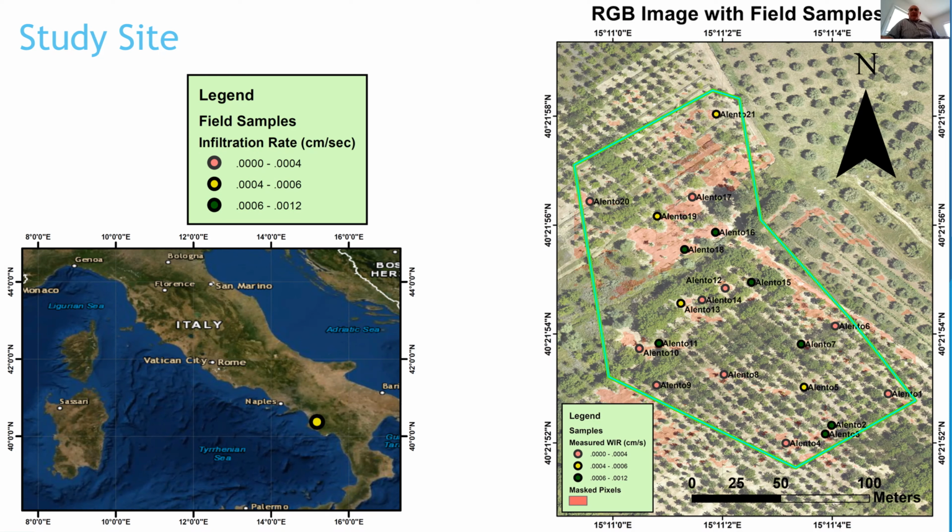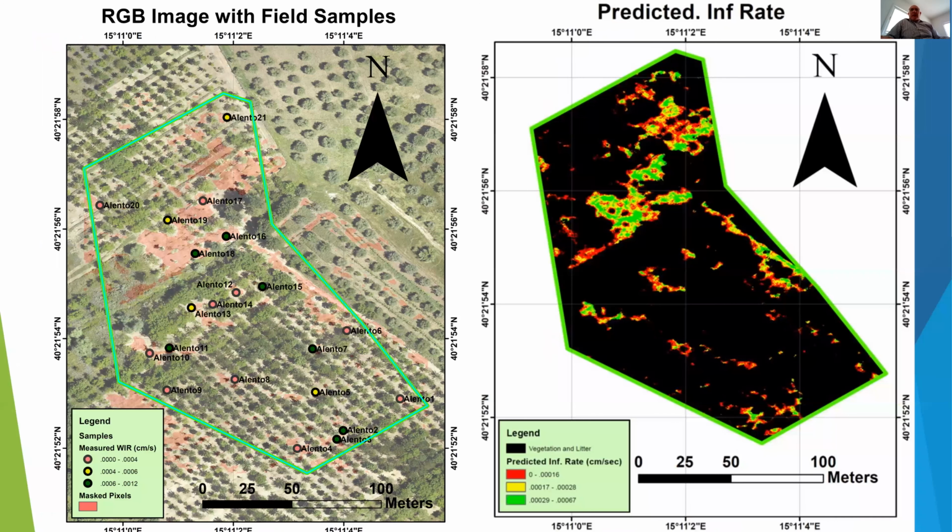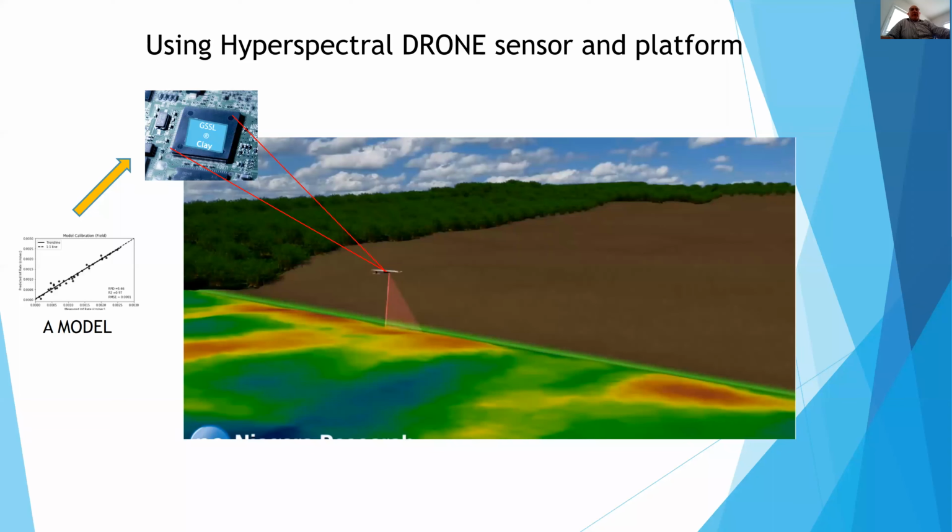So we did, of course, some NDVI analysis, and by that we could implement the model on the soil that was not measured in the field. First of all, this is the model, and the model is implemented into the sensor.